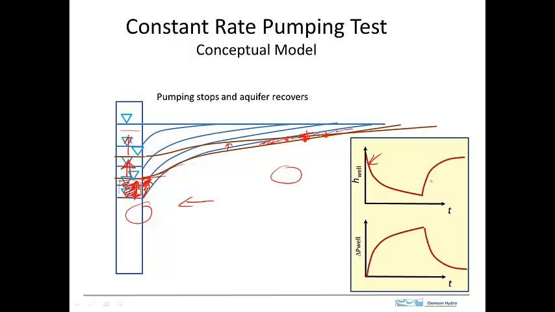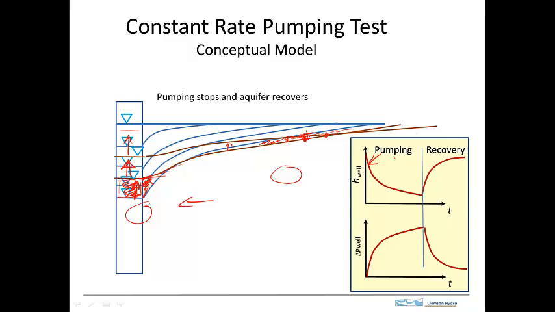And so we have the head in the well rising like this, and the rate at which it rises is fast at first, and then it levels out. And the drawdown is just the mirror image of that. So we have these two main periods where we pump and we have the head drop and then recover, and the head rises and approaches the initial heads.